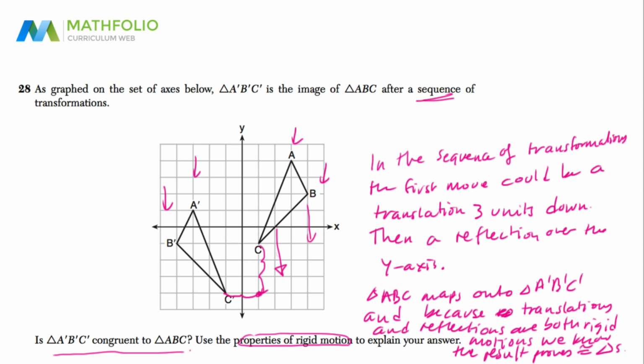That's pretty much enough. It just wants you to mention a sequence of transformations that are rigid motions. So you want to stay away from talking about dilations, and you want to make sure the sequence of transformations that you talk about are as precise as possible and are accurately getting the shape ABC onto A prime, B prime, C prime.